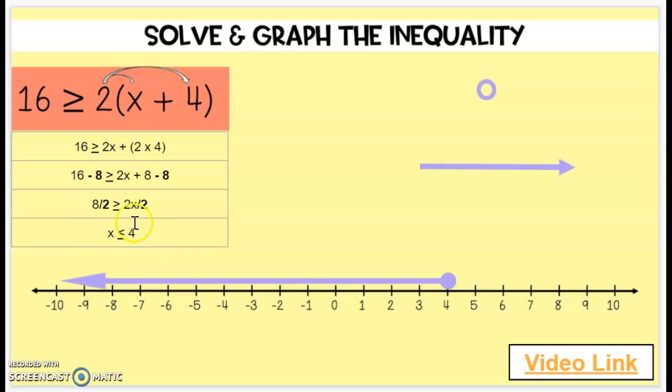This way you always know. So I always change the inequality so that at the end, my variable's on my left side. It's much easier for me to graph. But if it's confusing to you, don't change it. You just have to make sure you read it: x is less than or equal to 4. So anything that's less than or equal to 4, that's what this graph is saying.